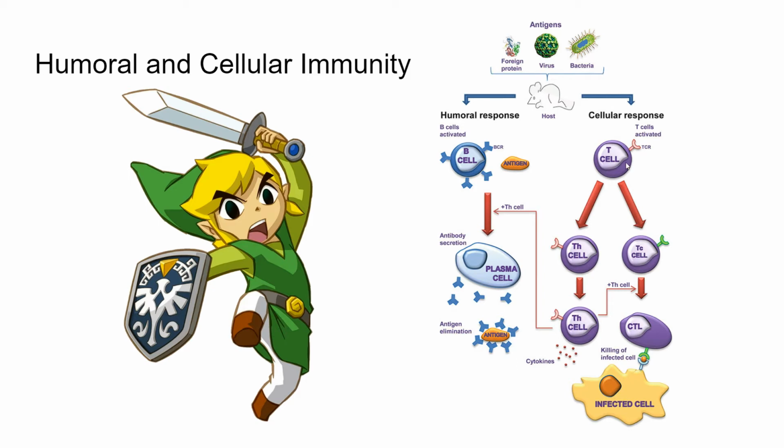Whereas cellular immunity, or cell-mediated response, is where the cells themselves go out and deal with it, either by killing infected cells or by releasing chemicals to again complement the inflammatory response and get that to happen.